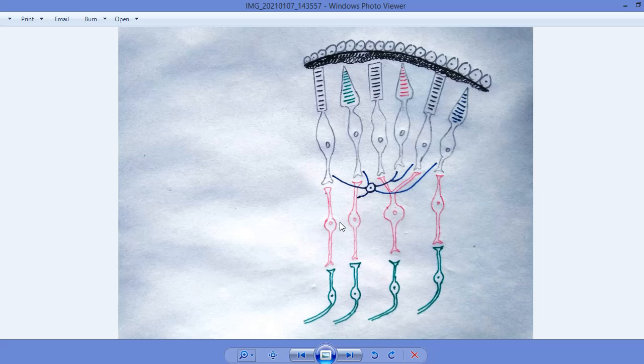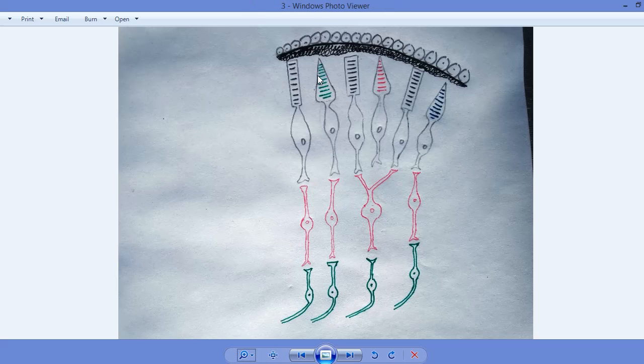It means that one cone is directly connected to one bipolar cell, while the bipolar cell is connected with more than one rod, with hundreds of rods. One bipolar cell is connected with a large number of rods, unlike the cone, because one cone cell is connected with only one bipolar cell, while a large number of rods are connected with one bipolar cell.